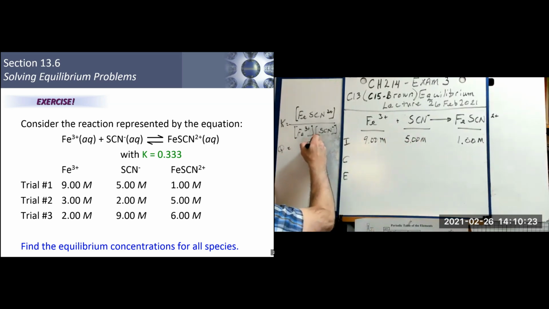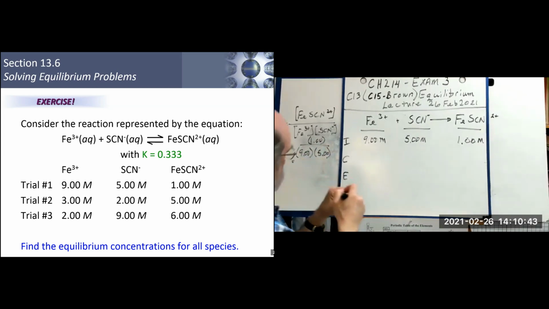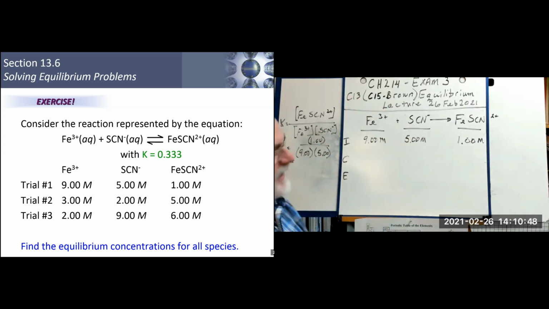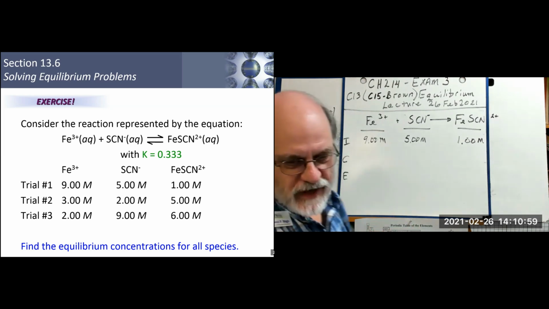We have this one divided by, actually that's not a bracket, that's parentheses, because we don't know that it's equilibrium yet. And then you have 9 times 5. So what's that value? 1 divided by 45. I think that's a little less than 3, don't you? 0.3, less than a third. So 1 enter 9 divide and 5 divide. So that's 2.22 times 10 to the minus 2.